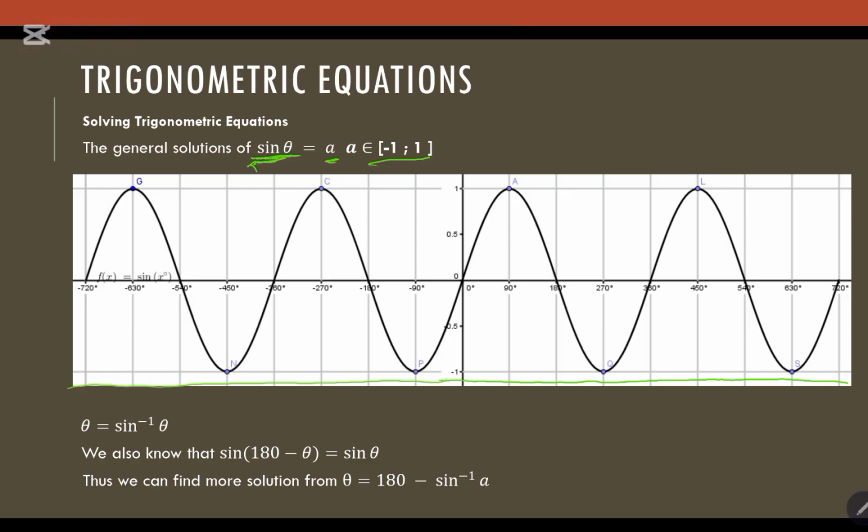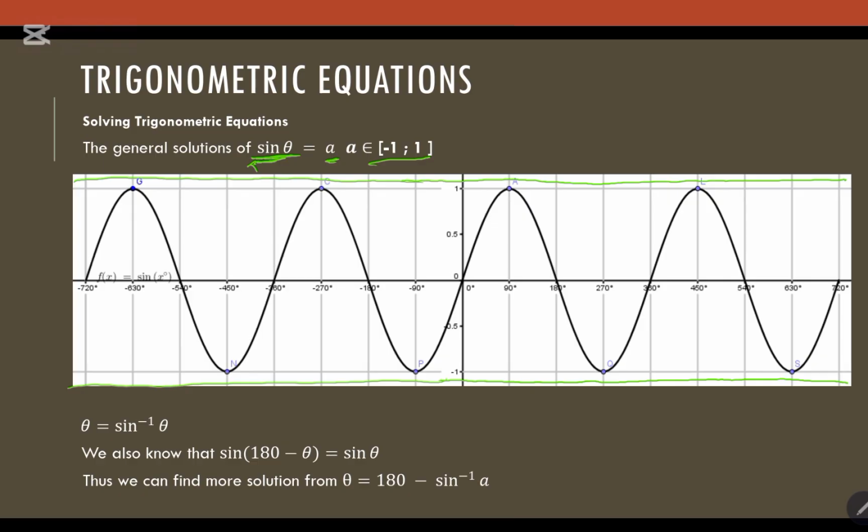On the other hand, if the value of a is above 1, the graph will be moving up above the sine graph like that, and there won't be a solution. But if it is either -1 or 1, they will touch at the turning point. But if it is between -1 and 1, they will have multiple intersections. So how do we find the solution?